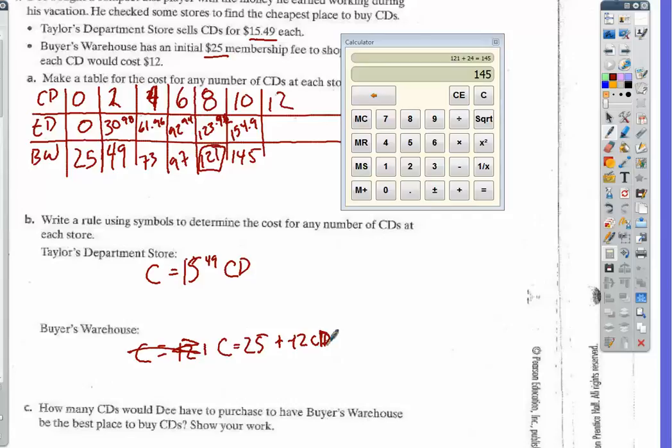So how many CDs would we have to purchase from the Buyers Club for it to be the best place to buy CDs? Well, it's obviously 8 CDs, because that's when it becomes cheaper.